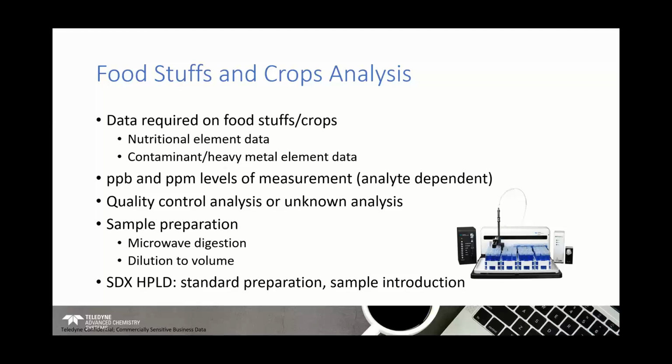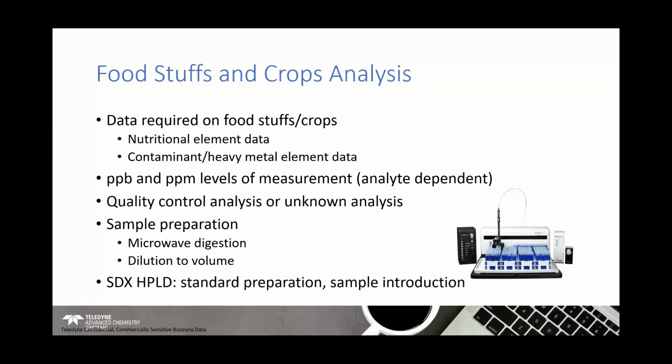You might also be interested in element composition from a contaminant point of view, so from a heavy metal composition point of view. So, for example, elements like arsenic or lead or cadmium. I certainly know that there's been focus in recent years on the arsenic content of rice, but that's the other side of the coin in terms of the data required for this kind of analysis.